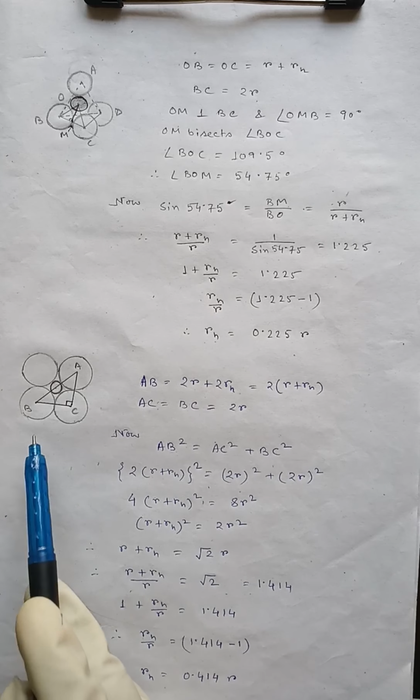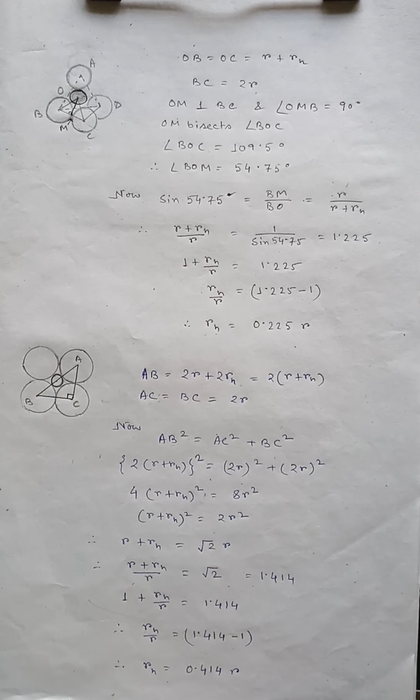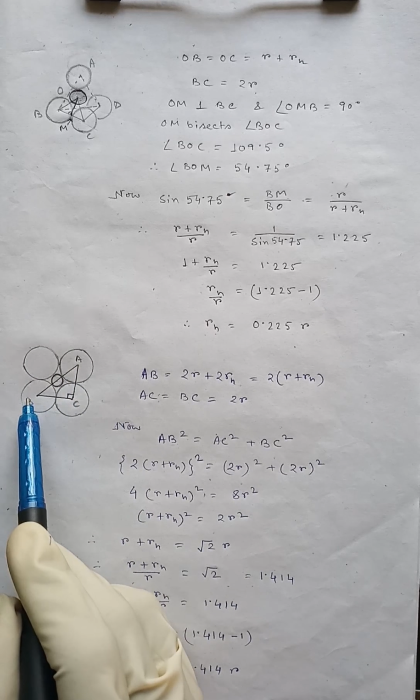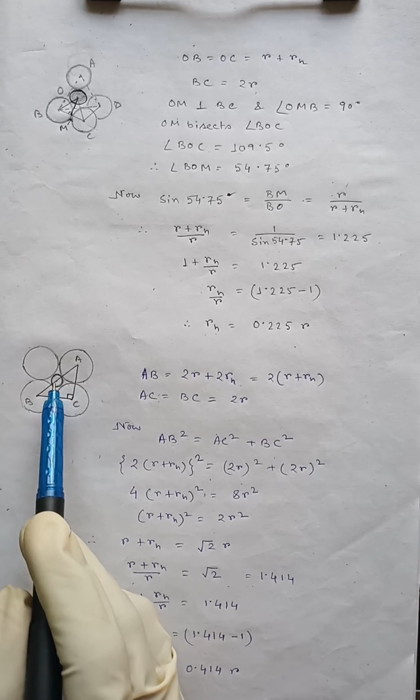Now look at this. This is actually an octahedral hole. And these are four anions, one above and one below this hole.